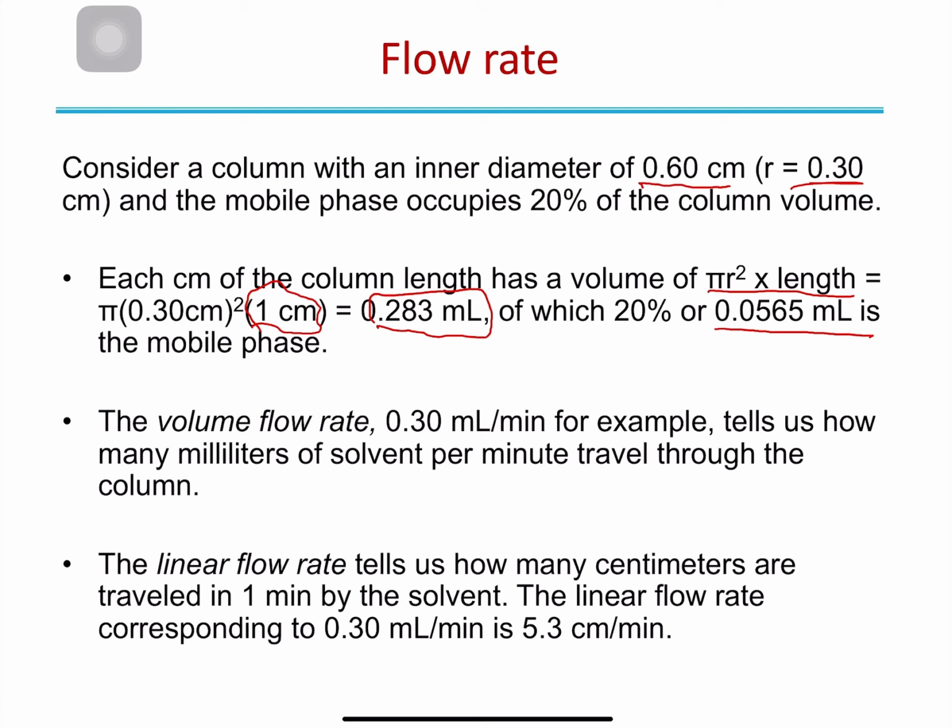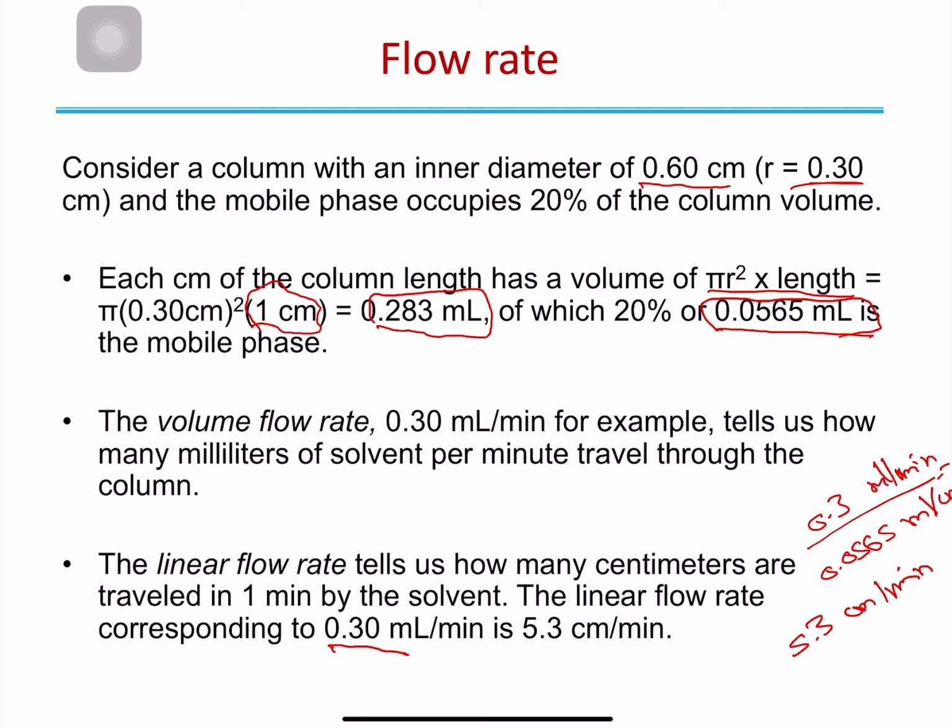The linear flow rate corresponding to the volume flow rate of 0.3 mL per minute is calculated as the volume flow rate, 0.3 mL per minute, divided by the volume occupied per 1 centimeter, which is 0.0565 mL per centimeter. When you do the calculation, you find that the linear flow rate is 5.3 centimeters per minute.